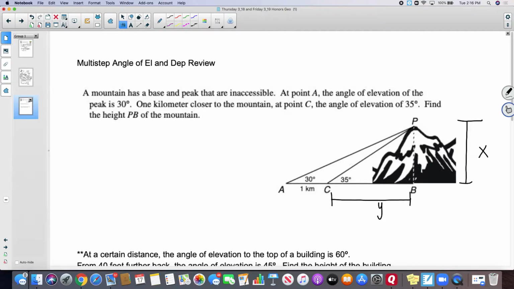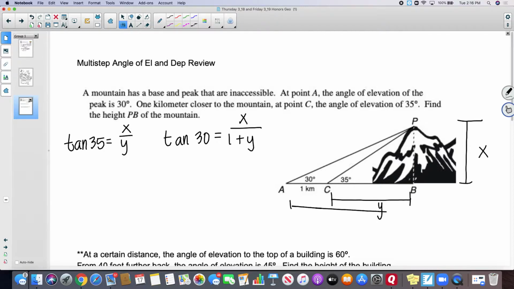So we're going to set up 2 equations, and we're going to have variables in both, okay? So we're going to say tan 35 equals opposite over adjacent, and tan 30 equals opposite over my adjacent, which at this point is going to be 1 plus y, because we're going to have to use this entire piece for that triangle.